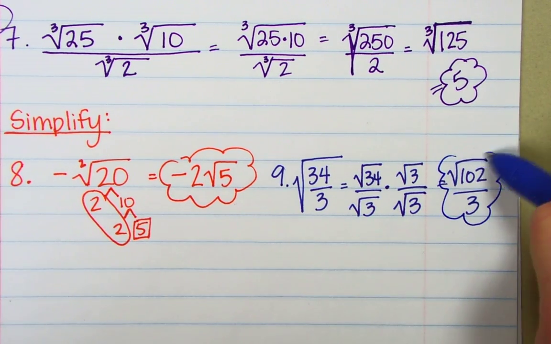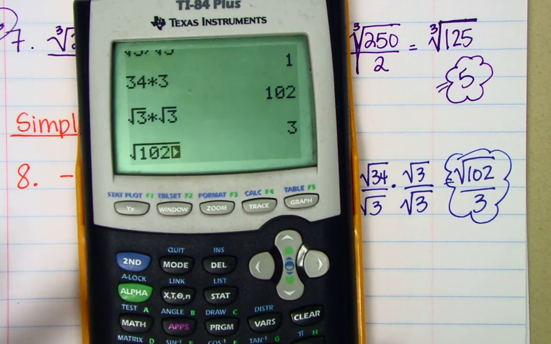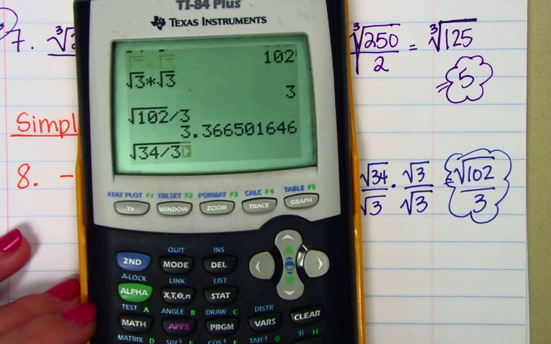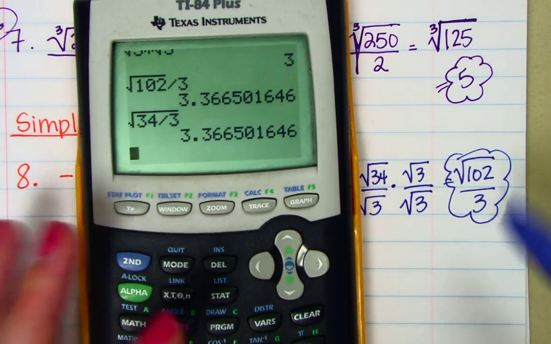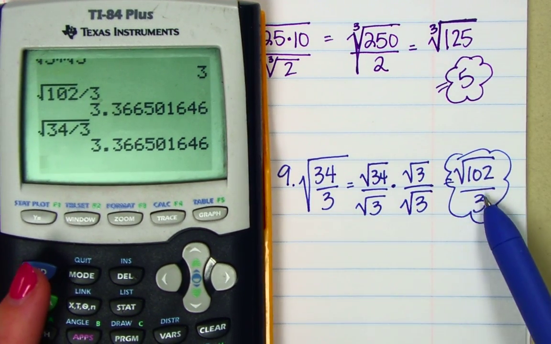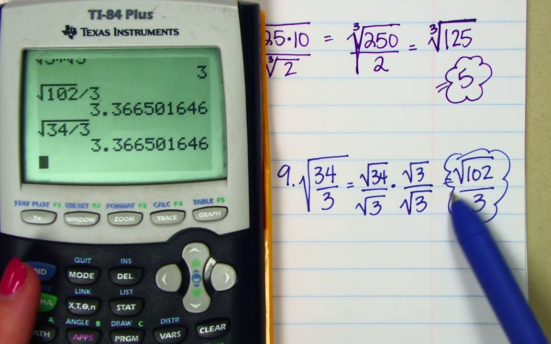All right, this is the same thing as what we originally started with. It still means the same thing, but this is the proper way to write it. We can't have a fraction underneath there. We can only have a whole number on the bottom of the fraction. It's just a rule about radicals.